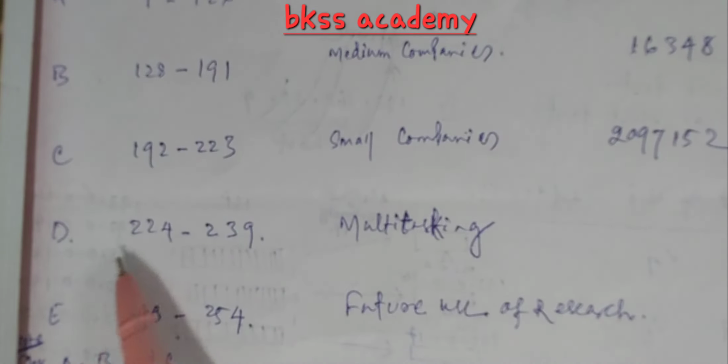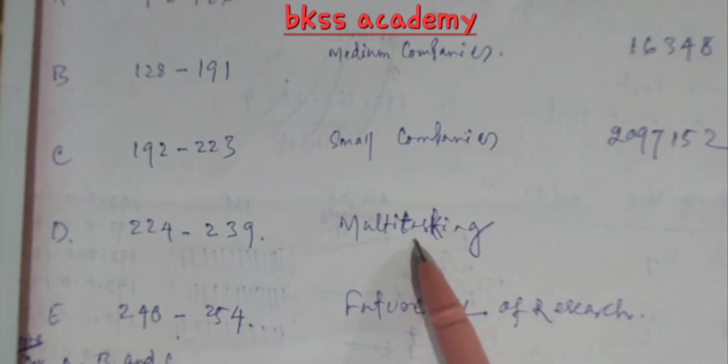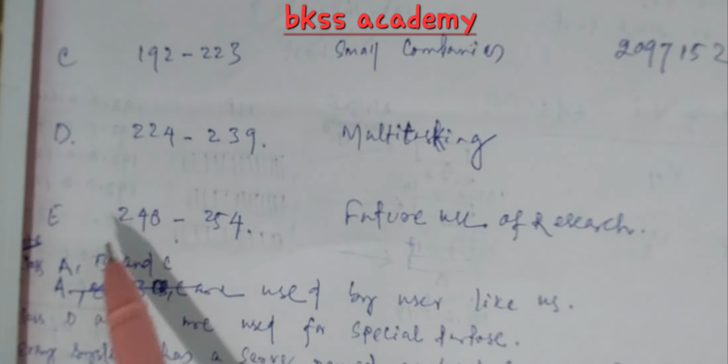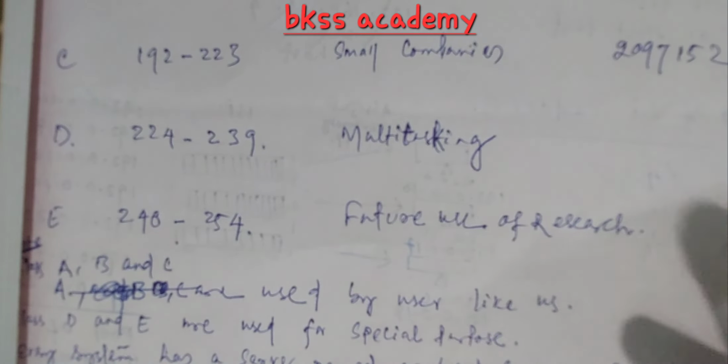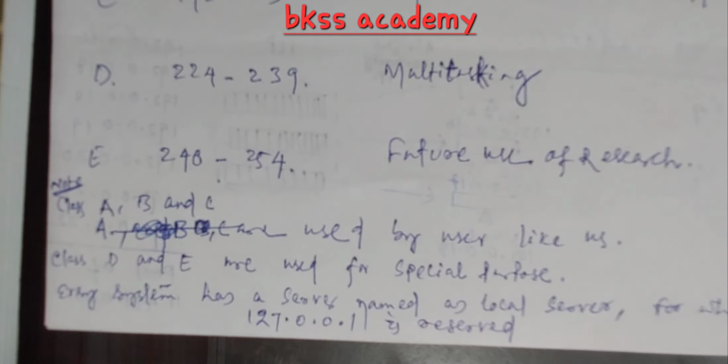Class D is 224 to 239, for multicasting. Class E is 240 to 254, for future use and research. So classes A, B, and C are used by users like us. Classes D and E are for special purposes.